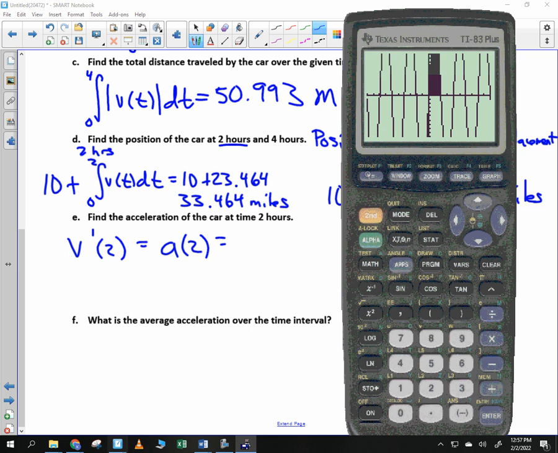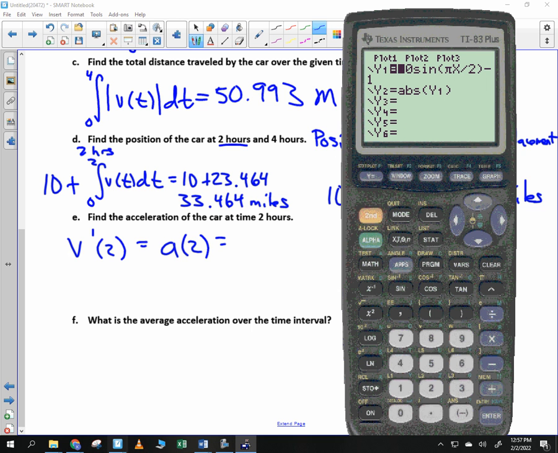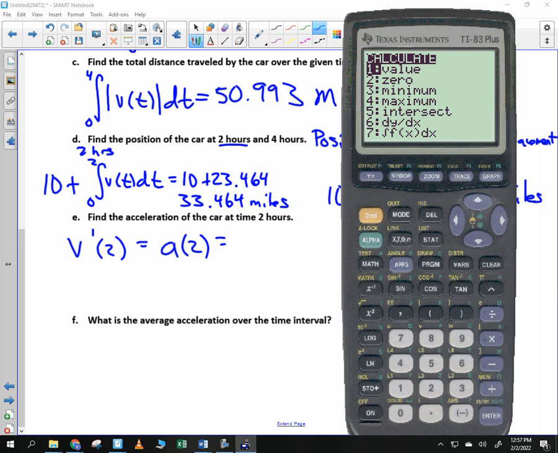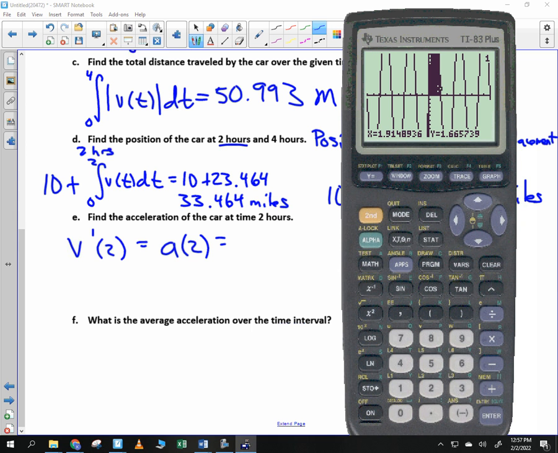I've got the velocity function. It's right there, it's number 1. I've left it in my calculator. I didn't get rid of it. I used 2 different spots to help me out. So how do I do a derivative on my calculator? Second, calculate. Number 6, that's how you do derivative. At what time are we finding the derivative? So I type in 2.